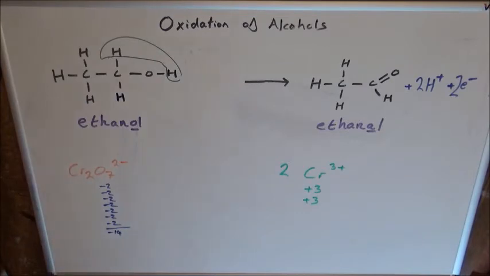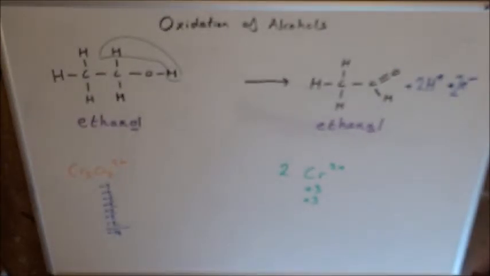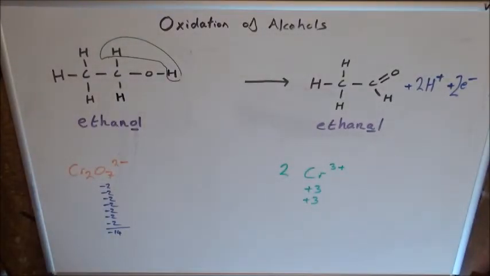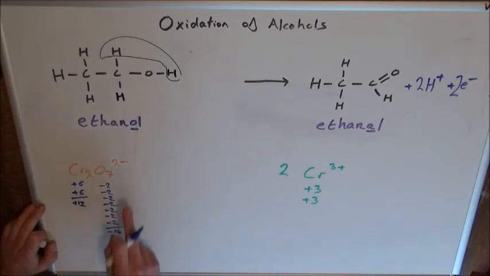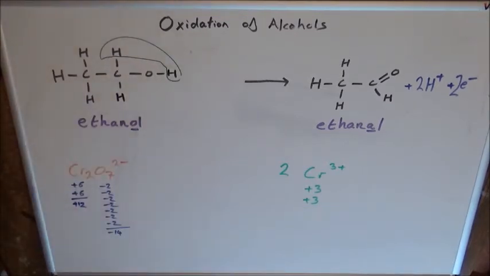Although they add up to a total of -14, it would be incorrect to say the oxidation state of oxygen in the dichromate(VI) ion is minus 14. It's not. Oxidation numbers refer always to just one atom, so we still say the oxidation number of oxygen in the dichromate(VI) ion is minus 2. Okay. Now the sum of all the oxidation numbers must add up to the charge, and that is possible if both of the chromiums are plus 6, and that gives us plus 12. So plus 12 minus 14 gives us the minus 2 charge.